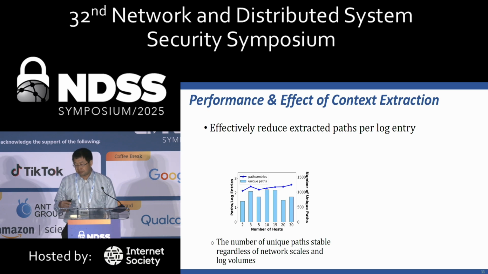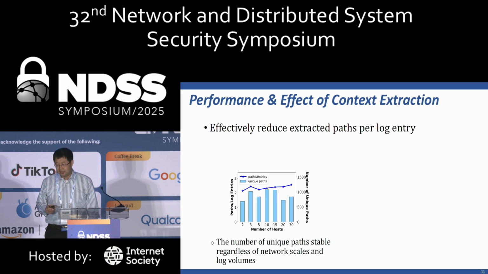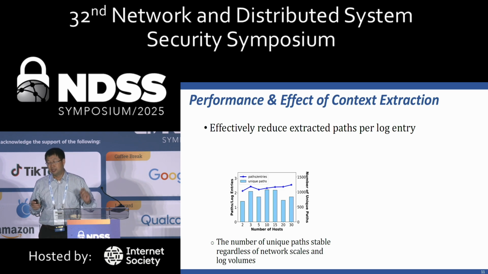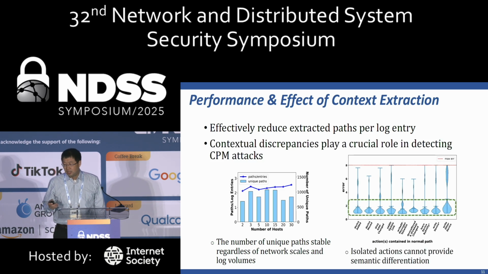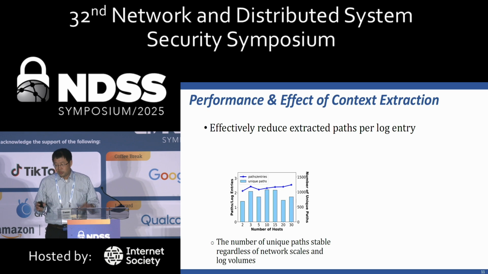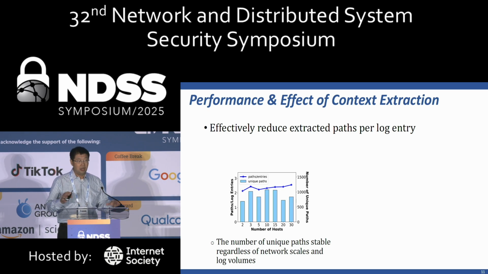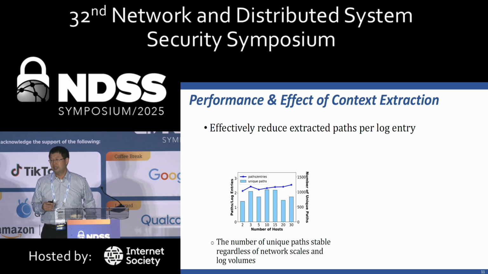And also, we check the resilience of the path reduction. We try to scale to different networks, effectively injecting a lot of noise.